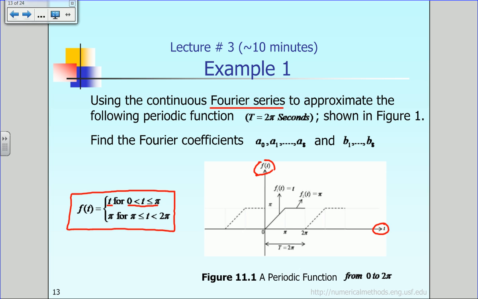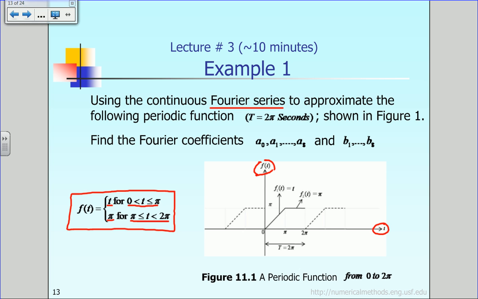On the other hand, if the time is in the range from pi to 2 pi, then the value of f of t is defined as equal to the constant pi. So this function can be plotted according to figure 11.1.